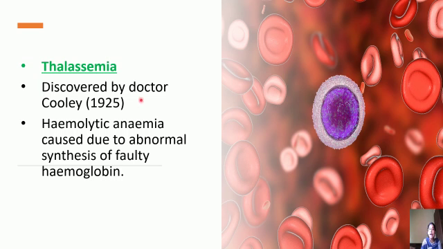Thalassemia was first discovered by Dr. Cooley in the year 1925. It is a hemolytic anemia. What is the meaning of hemolytic anemia? Hemolytic means when there is destruction of RBC, and anemia means when there is less RBC, or faulty RBC.